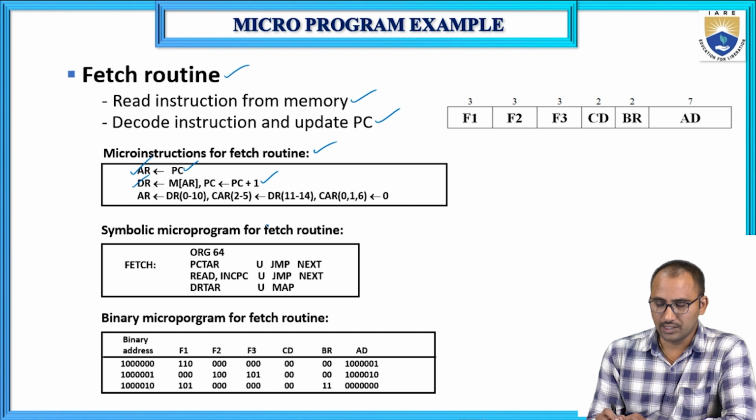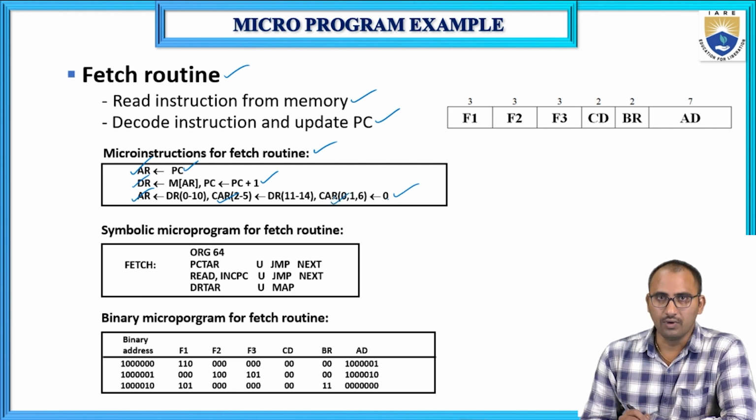Next there is a mapping process, which we have already seen. DR of 0 to 10 will be loaded into the address register, DR of 11 to 14 loaded into CAR of 2 to 5, and 0 will be loaded into CAR of 0, 1 and 6.